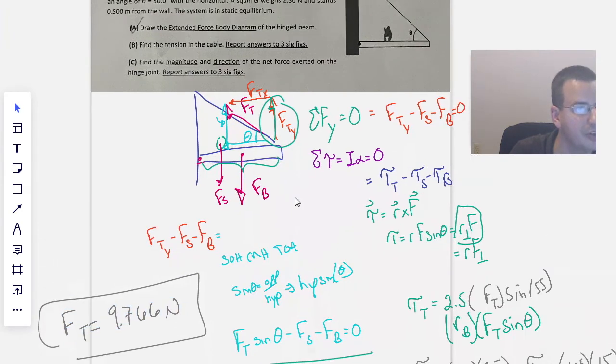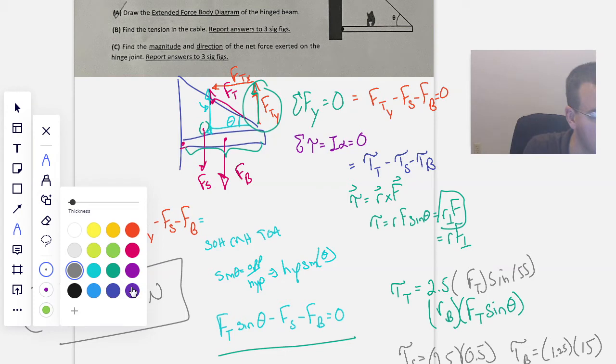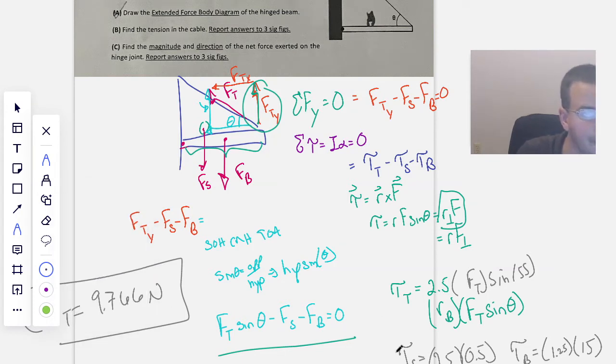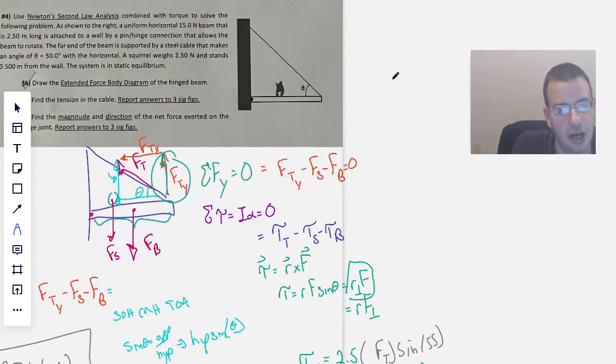Now we want to find the magnitude and direction of the net force exerted on the hinge joint. How are we going to do this part? We're probably going to use what we had over here, so let's look at this in terms of x. I wrote out the sum of all forces in the y direction, which is totally true, but I might want to look at it in terms of the x direction as well.